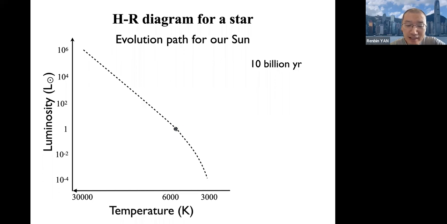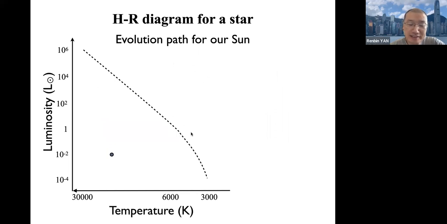And now after 10 billion years, it will actually start evolving away from this. So you see it goes to 10.2 billion years, becomes a red giant. We will talk about this process in a little bit today. And then this stage actually goes through pretty quickly, and so after 10.2 billion years, it just dies as a white dwarf.